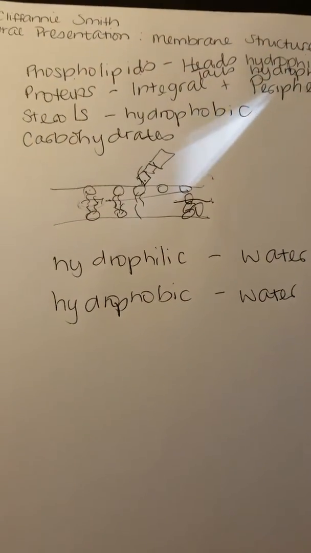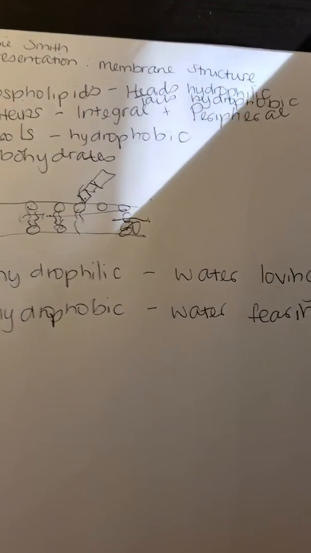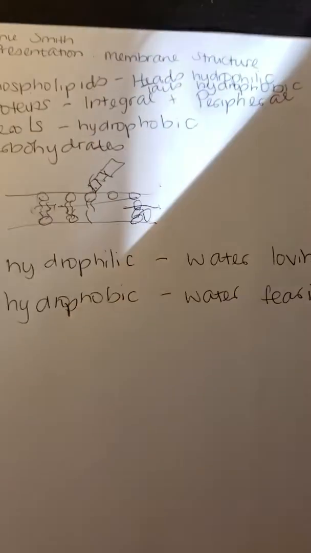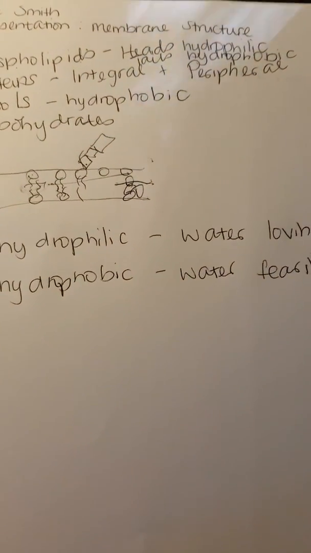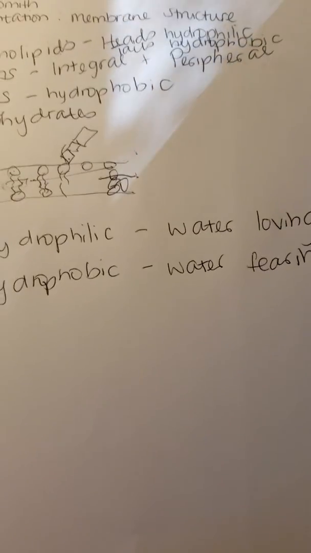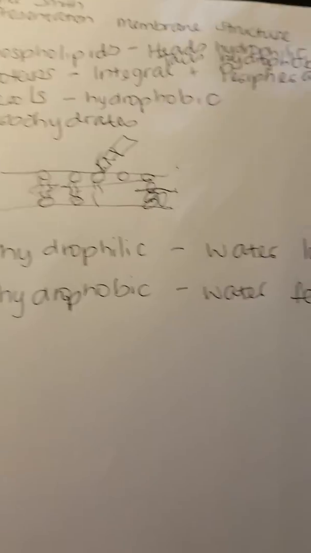And last, now we have carbohydrates. So carbohydrates are hydrophilic, like cereal. Cereal is a carbohydrate and it just meshes well in milk, and that's also a form of liquid water, you know.